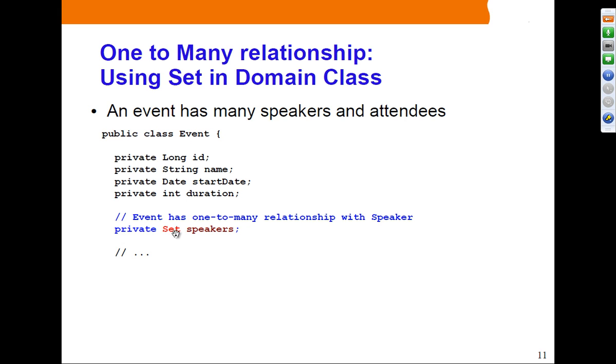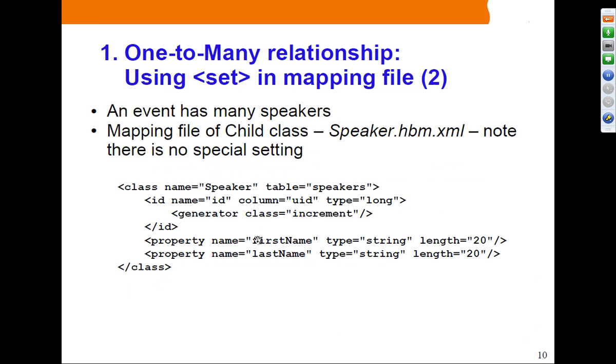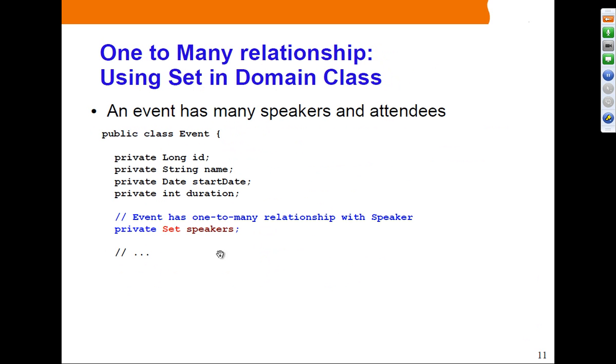So private set speakers, and this field is reflected here. The speakers name has to be the same as the property in your Java class. The event class has a speakers property, so that is this one.